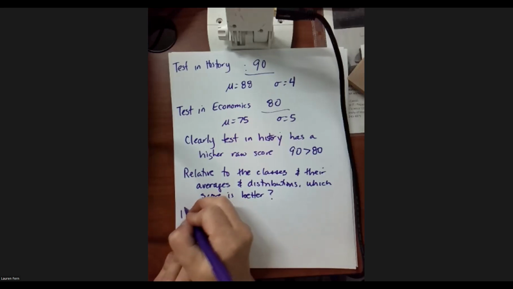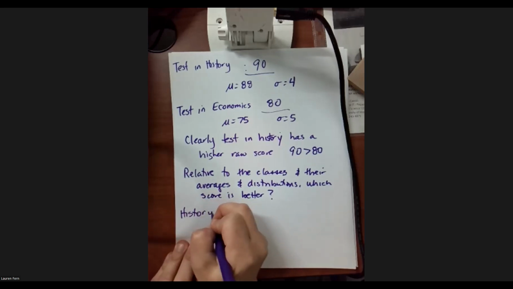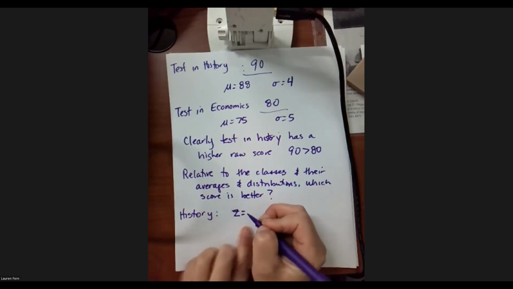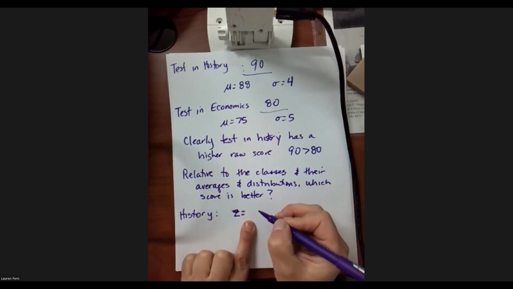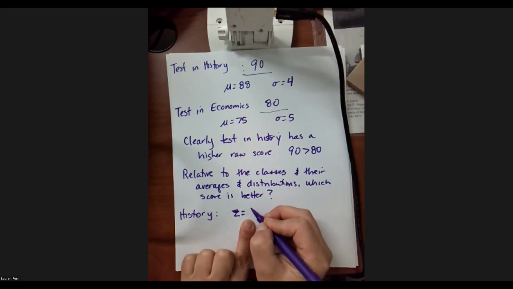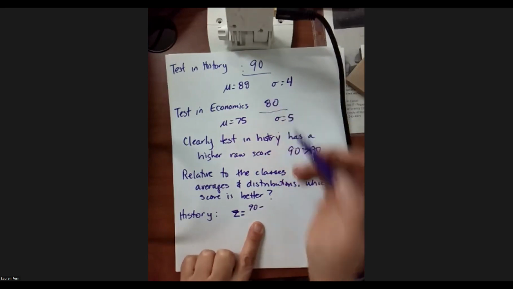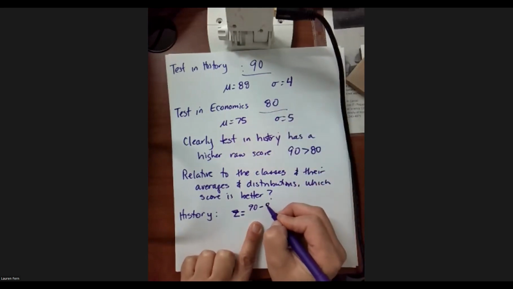Okay, so here what we would do is for our history class, we would compute our z-score. Well, what was our test score? 90. What was the class average? 88.